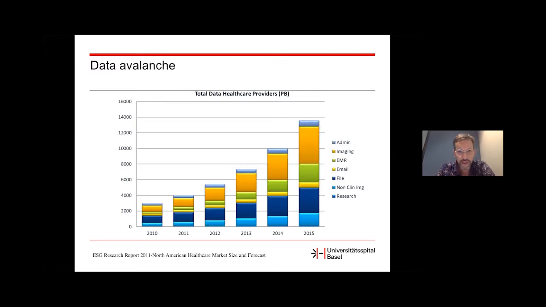So generally, we are confronted with a huge amount of data that is increasing. Data doubling times are now thought to be approximately 2 years. So basically, every 2 years, clinics are hit with double the amount of raw data that needs to be worked on in some way to make it medically interpretable.